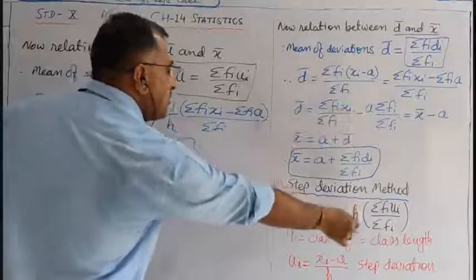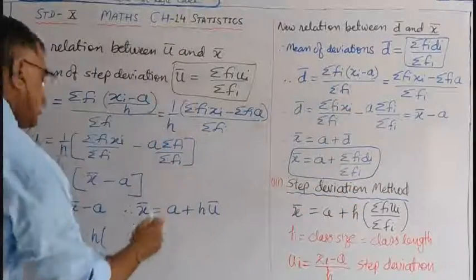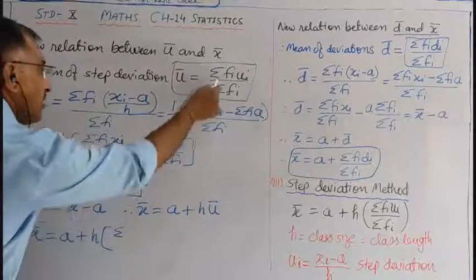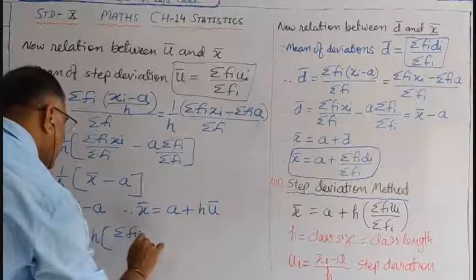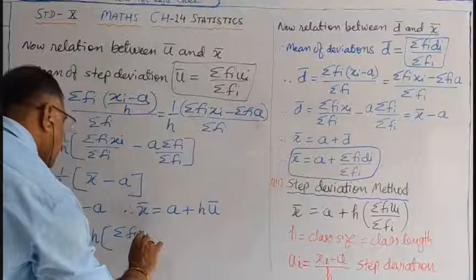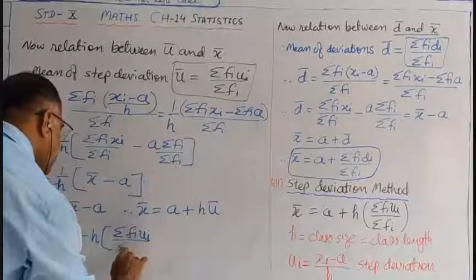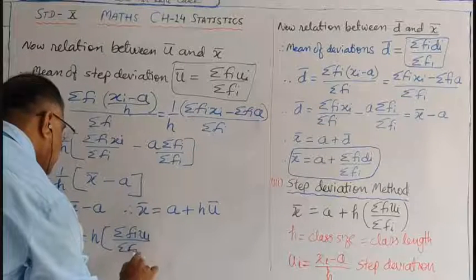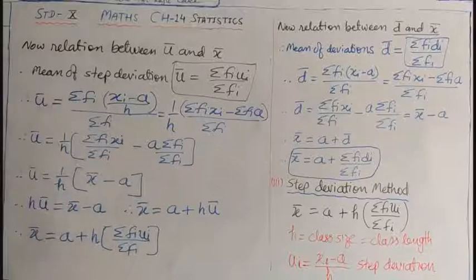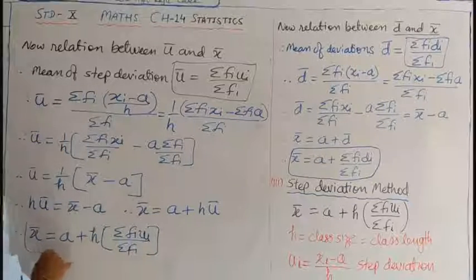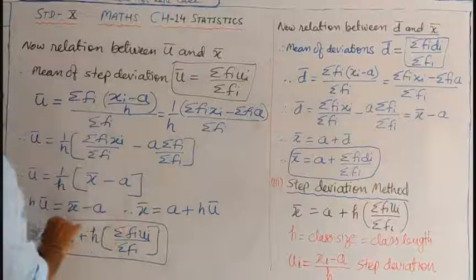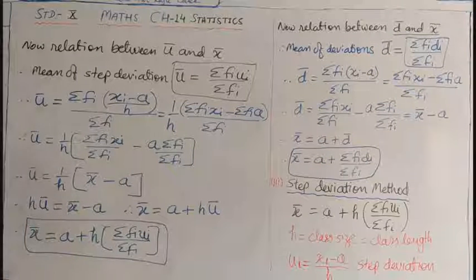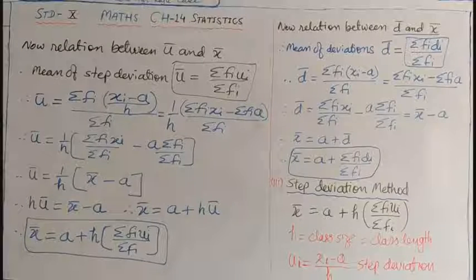That is, we have taken here mean of the deviation, that is sigma fi ui divided by sigma fi. So this is the final formula for finding the mean using step deviation method. So now we shall continue for sums based on this.